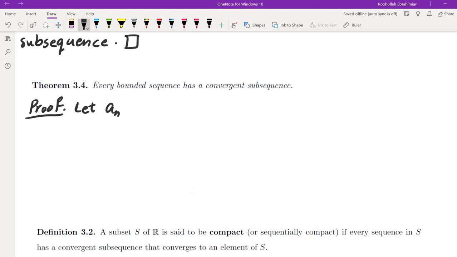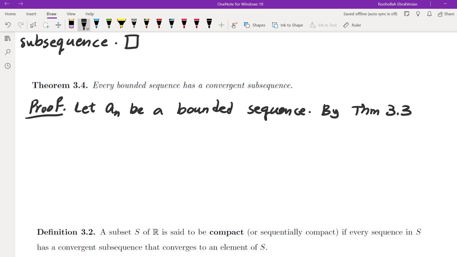So let a_n be a bounded sequence. By theorem 3.3, a_n has a monotone subsequence.